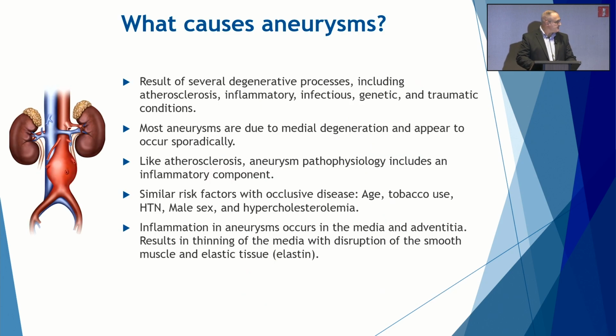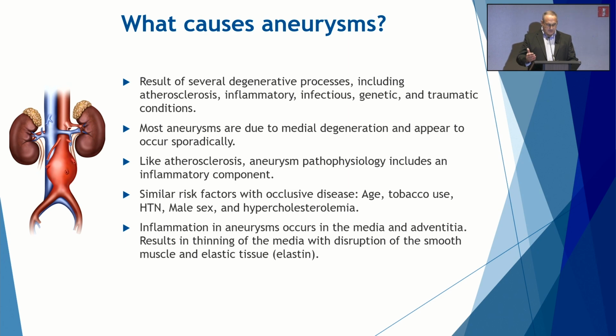So what causes these aneurysms? They can be the result of several degenerative processes, including atherosclerosis, inflammatory, infectious, genetic, and traumatic conditions. Most aneurysms are due to some sort of medial degeneration and appear to occur sporadically. And like atherosclerosis, the aneurysm pathophysiology includes an inflammatory component.